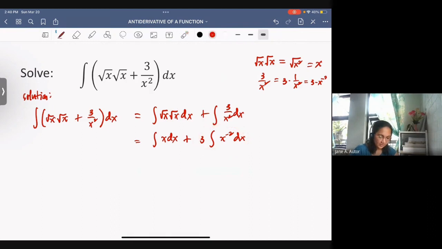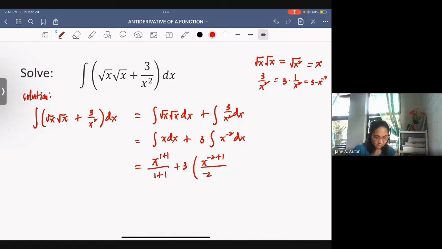Alright, so applying the power rule, we'll have the integral of x dx is equal to x raised to 1 plus 1 divided by 1 plus 1 plus 3 times the quantity x raised to negative 2 plus 1 divided by negative 2 plus 1 plus c. So, simplifying this, we'll have x squared over 2 plus 3 times the quantity x raised to negative 1 divided by negative 1 plus c.